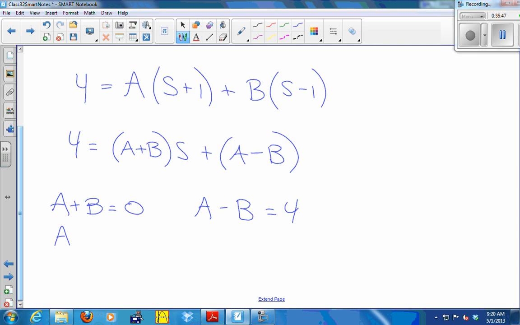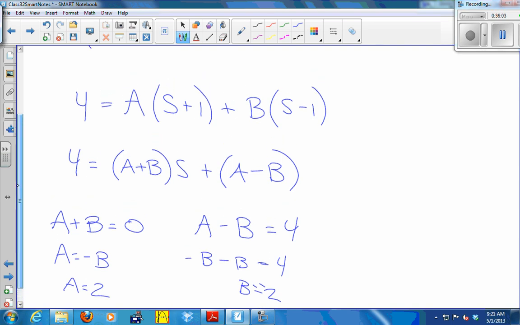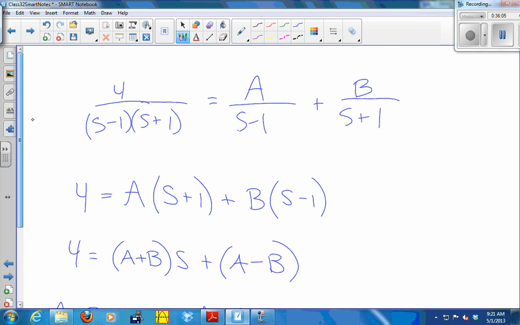Solve it. a is negative b, so negative b minus b is 4, and b is negative 2. So a is 2. a is 2 and b is negative 2.